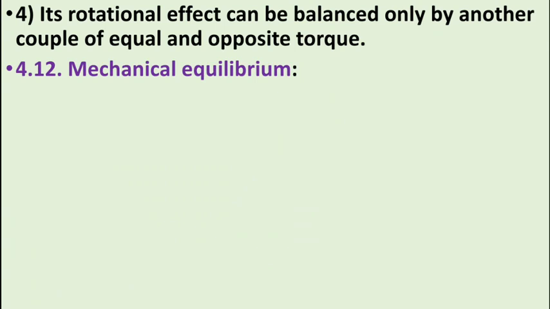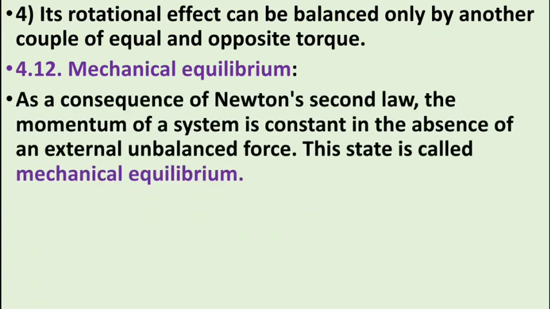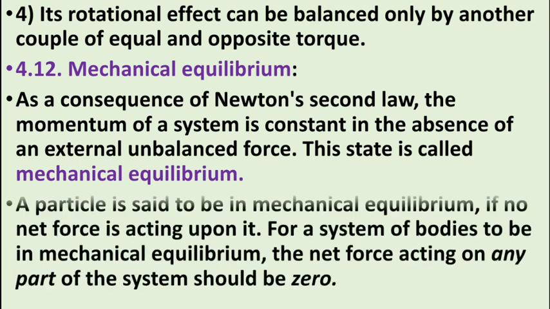Next point is mechanical equilibrium. As a consequence of Newton's second law, the momentum of a system is constant in the absence of an external unbalanced force. This state is also called mechanical equilibrium. A particle is said to be in mechanical equilibrium if no net force is acting upon it.